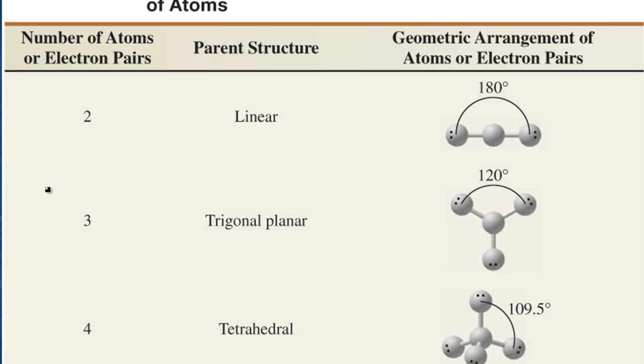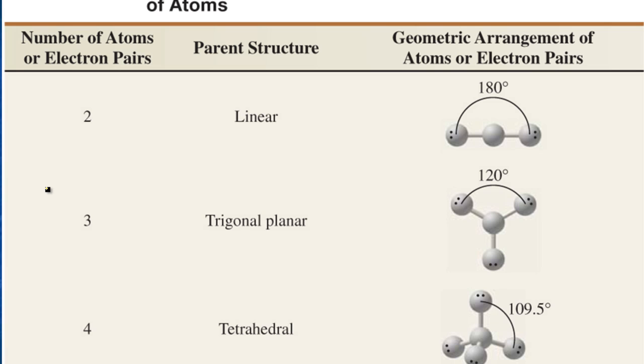Now here are those shapes if you want to remember them one more time. Linear shape. Don't think of these as atoms right now; think of these as electron sets. Around the central atom you can have only 2 electron sets, so that is linear. Look only at the central atom.